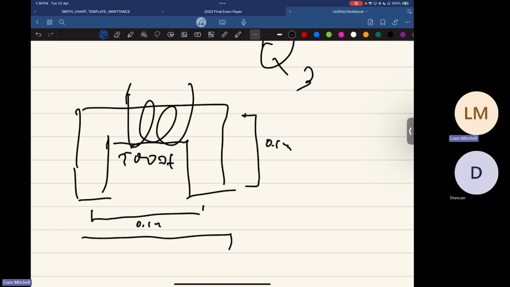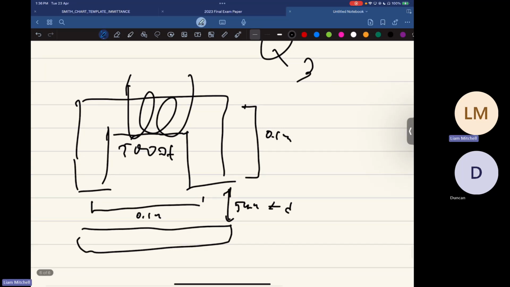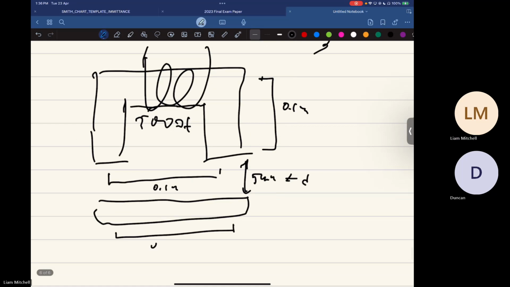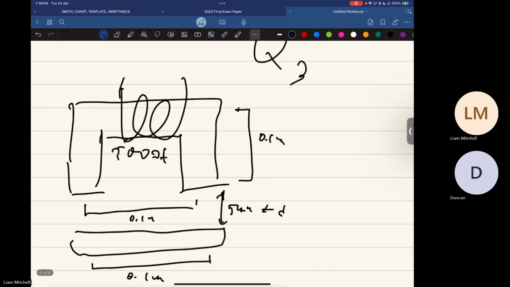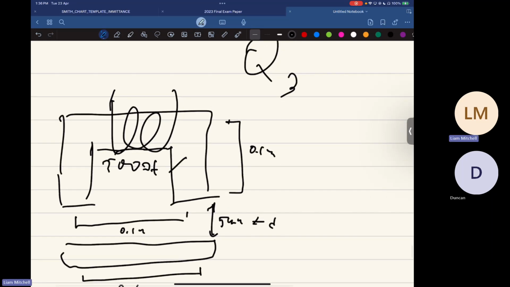And then here we have a bar which is spaced by 5 millimeters, and we'll call this d. This distance is also 0.1 meter. The cross-sectional area of this is 0.02 meters. Sorry, I'll just write this like this: 2 centimeters and 2 centimeters on the side.